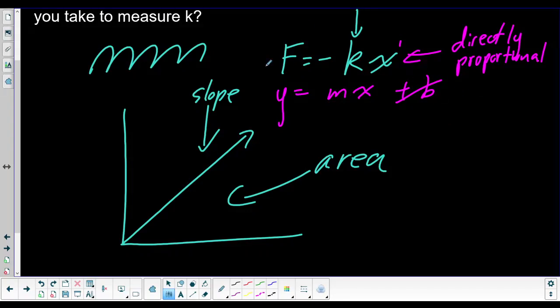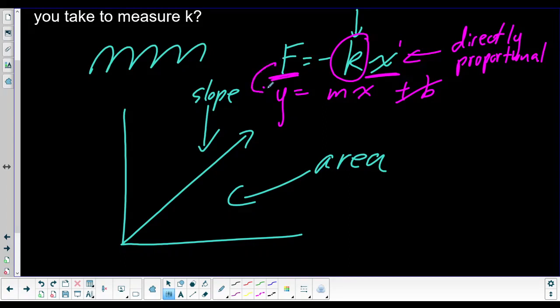So because Hooke's law is a directly proportional equation, all we have to do is make our spring constant the slope of our graph. So what we want to do is measure the distance that our spring is stretched and how much force it takes to stretch that.